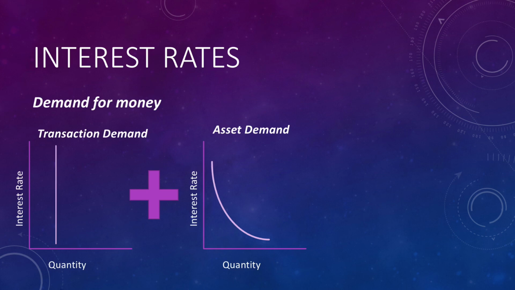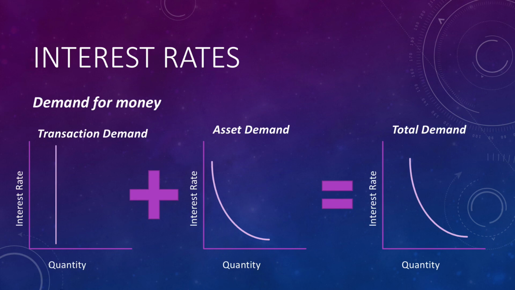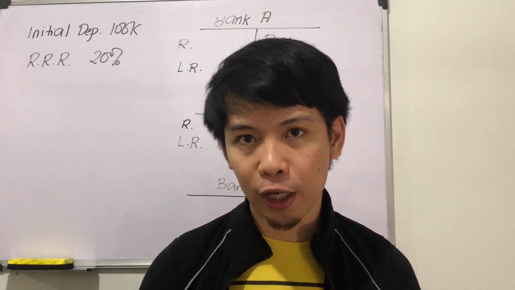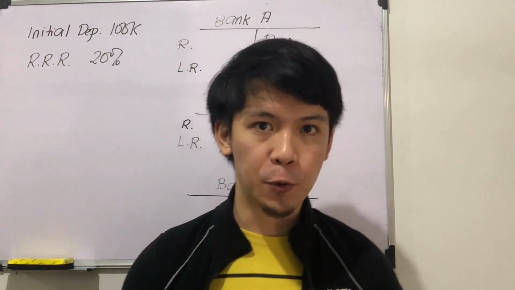If we combine the transaction and the asset demand, the total demand for money has a curve that looks like this. Again, interest rates are simply the price that we pay for the use of money, an inverse relationship with quantity.